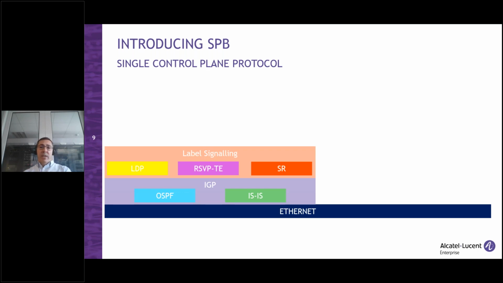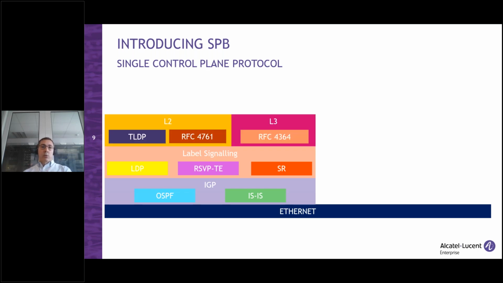You do not have VPN services yet, so you need some more protocols. If we are talking about layer 2 services, you either need targeted LDP, which in fact means creating a full mesh of pseudo wires either manually or through a network management system, or the better way, which is based on BGP and is described in RFC 4761. But if we are talking about layer 3 services, then it is BGP, as described in RFC 4364.